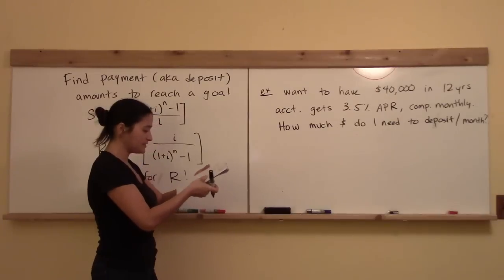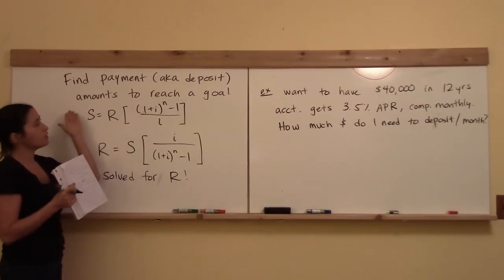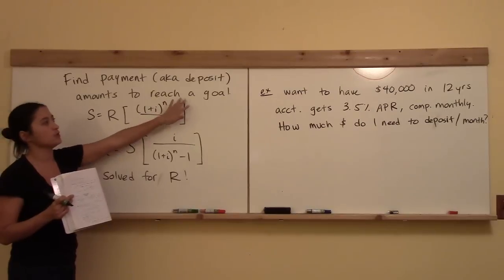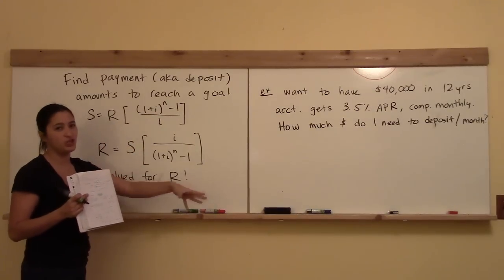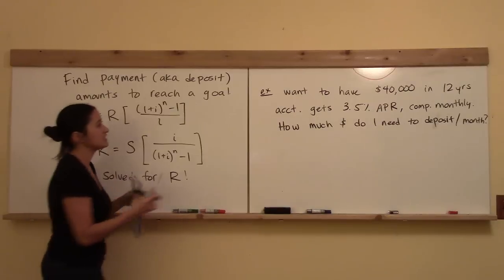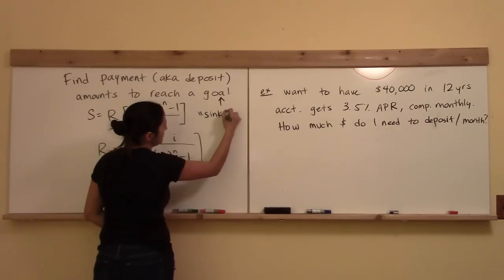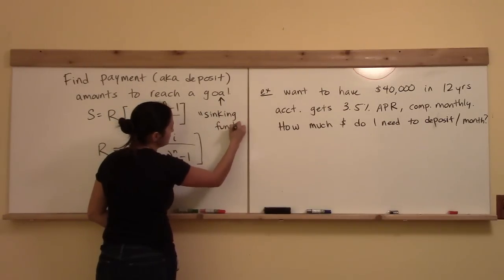So one thing I have to say is that there's a name for questions like these. If you need to know the payment amount to reach a goal because you have to pay a giant bill sometime in the future, this is also known as a sinking fund. So I'm just going to put this up here and say AKA sinking fund.